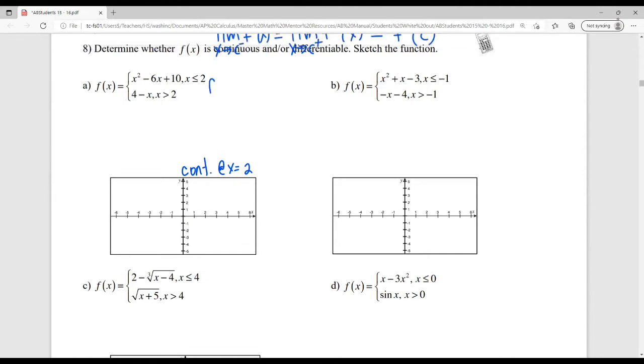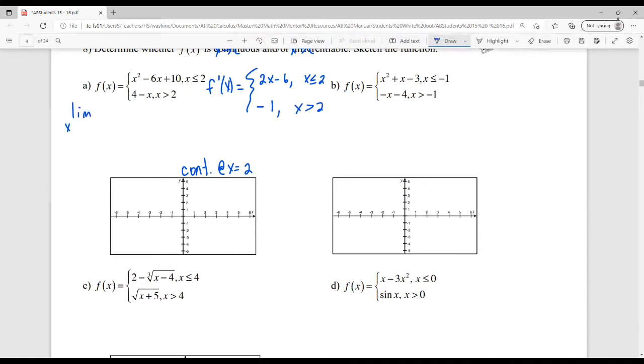So f prime of x would be equal to the derivative of x squared minus 6x, which is 2x minus 6, and that still is for x less than or equal to 2, and the derivative of 4 minus x is just -1, and that's for x greater than 2. So we're going to check the limit as x approaches 2 of f prime of x from the left, and the limit as x approaches 2 from the right of f prime of x.